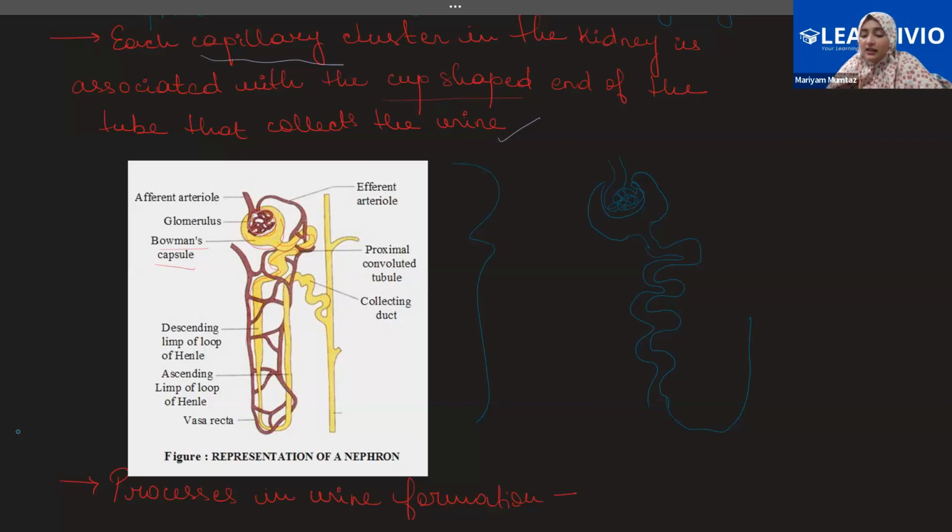So we can say that 99% of the blood that gets filtered is reabsorbed, meaning the components such as some amount of urea, some ions and proteins, and anything that must be useful are absorbed back, and then a very concentrated urine is produced by the nephron. Why does this happen?